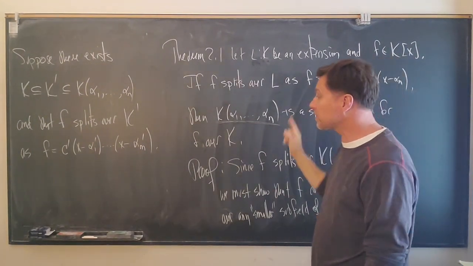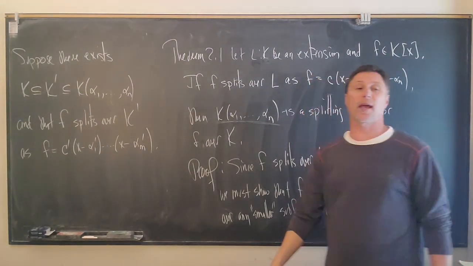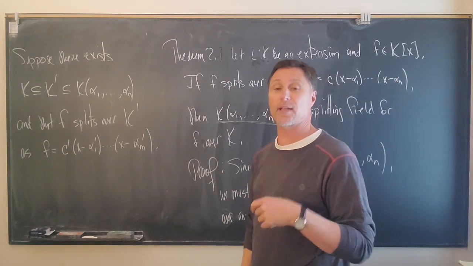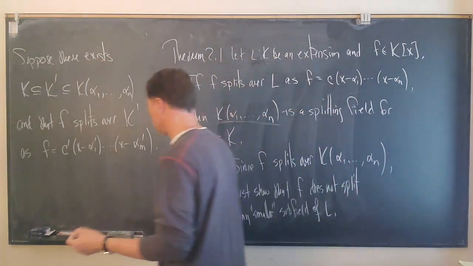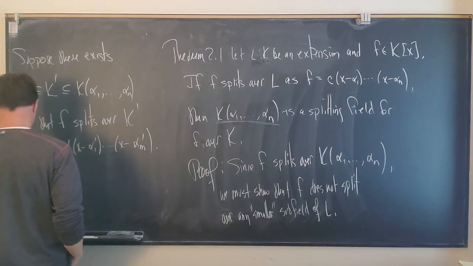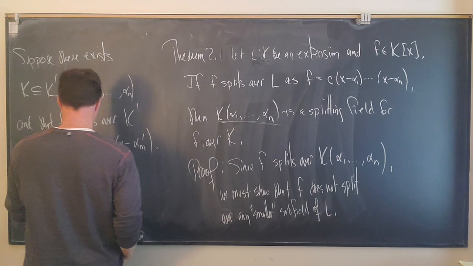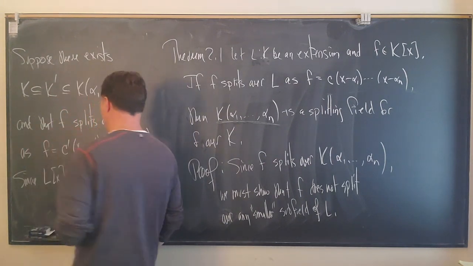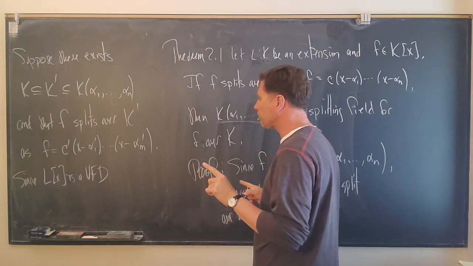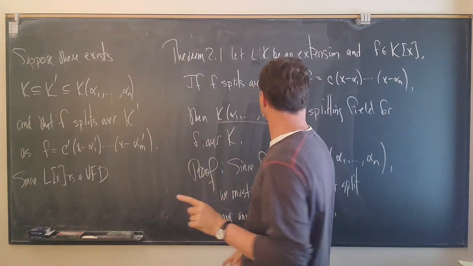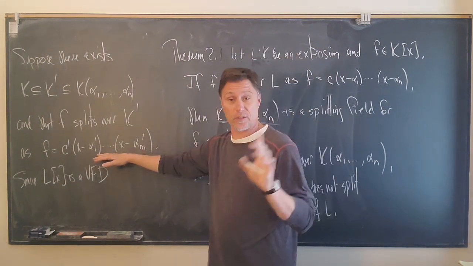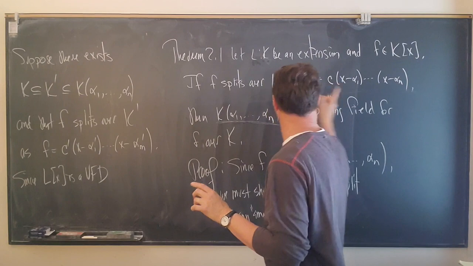Then L is a field, which means that L bracket x is a PID, which means that L bracket x is a UFD. Since L bracket x is a unique factorization domain, we know that the number of factors in this factorization has to match, so m has to equal n.